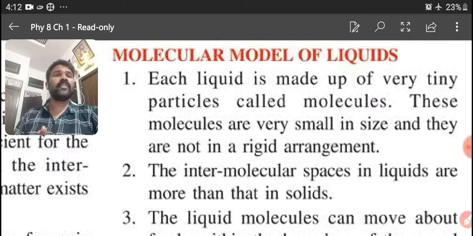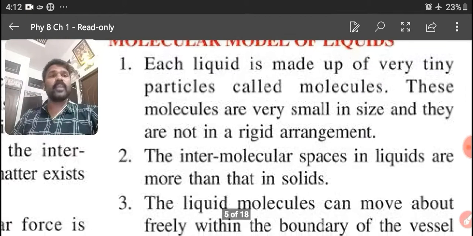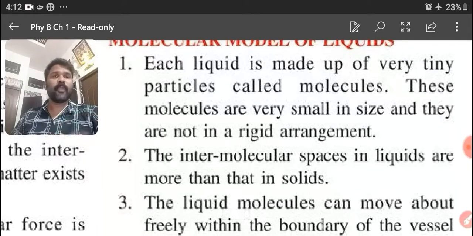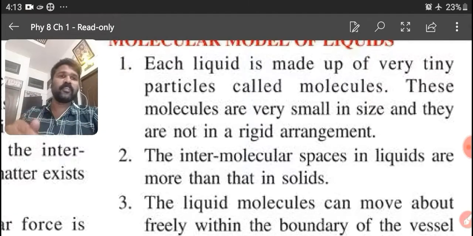It is not arranged in a rigid way. Loosely arranged. Second point, the intermolecular spaces in liquids are more than that in solids.